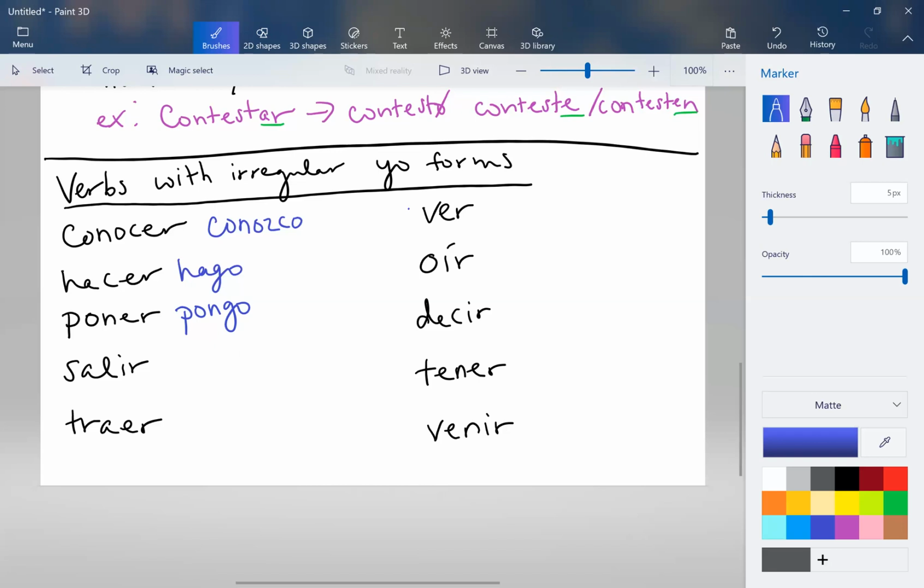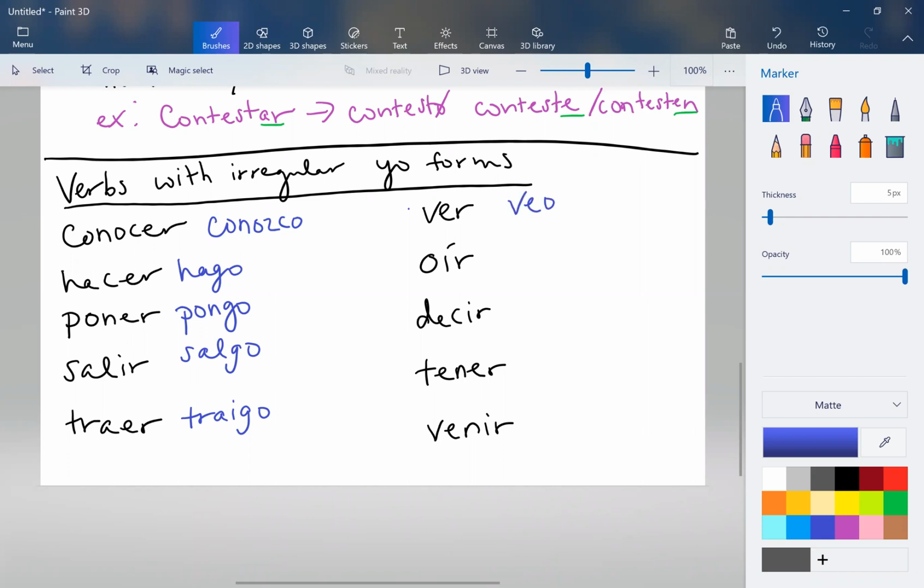Can anybody guess about what they might be? Salgo. Traigo. Ver is veo.